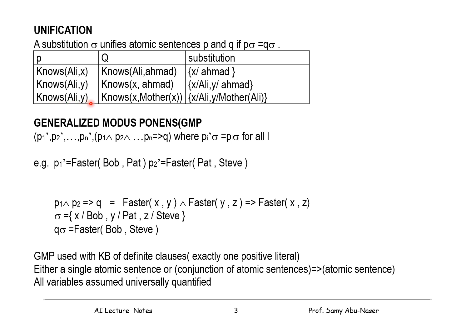Another one: Knows(Ali, y) and Knows(x, mother of x). Here x takes the value Ali and y takes the mother of Ali. We substituted x with Ali and y with mother of Ali.